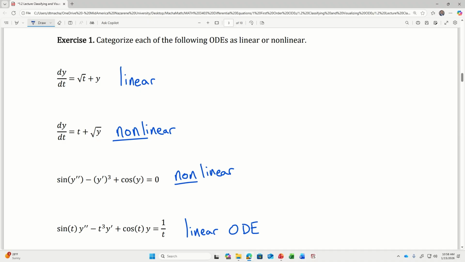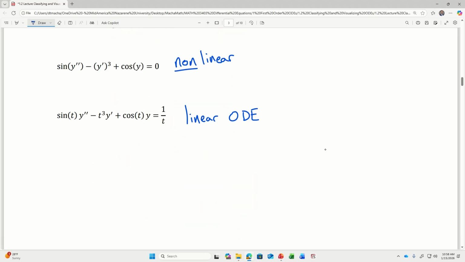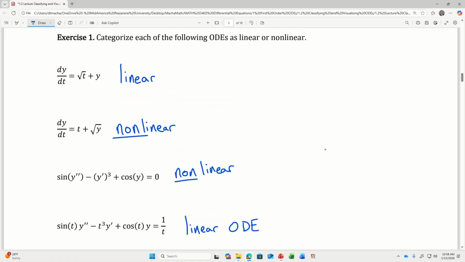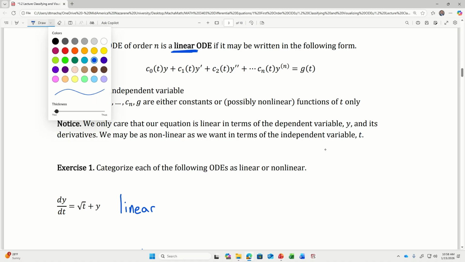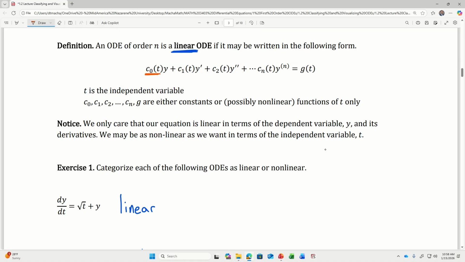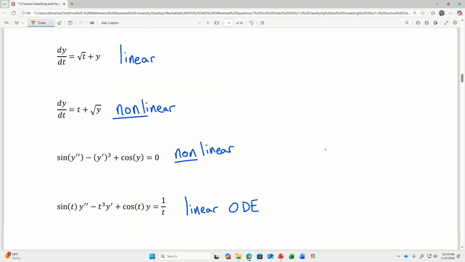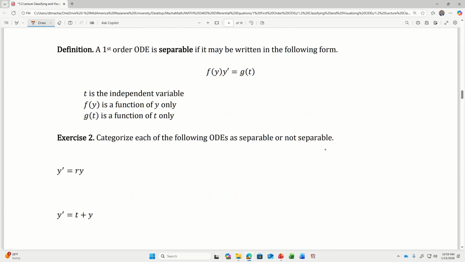And nobody cares if your independent variable has crazy stuff going on. We're really only worried that it's linear in terms of the dependent variable and its derivatives. Okay, do you guys feel like you understand what makes this linear? It's only linear if you can have crazy functions of t times just y and just y prime and just y double prime and so on.